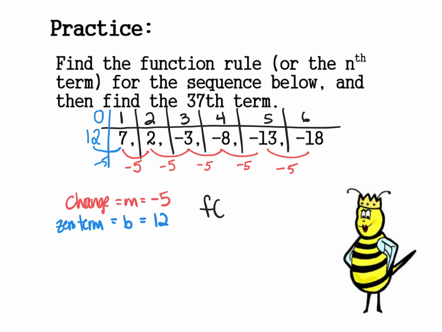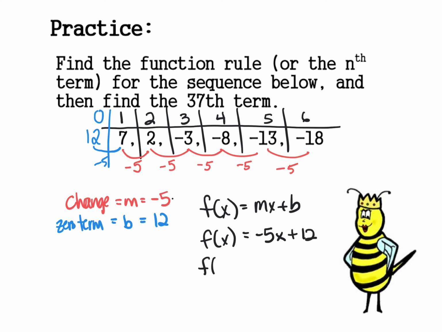So let's use f of x equals mx plus b. So f of x is equal to my slope, -5, times x, plus b, and my b value was 12.